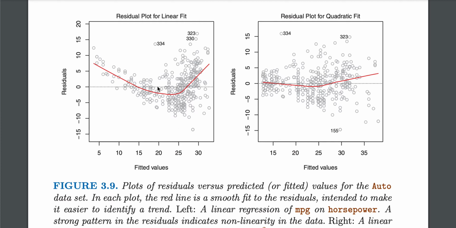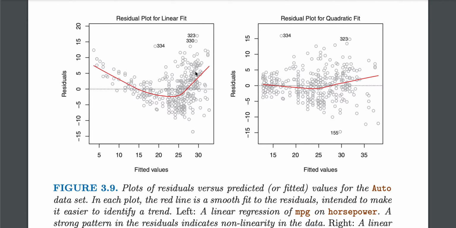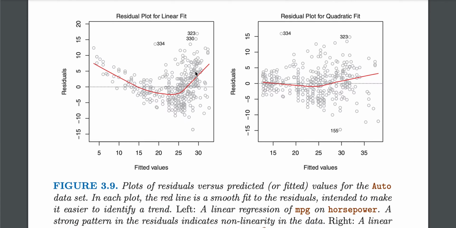If there is a discernible pattern, like this example, then it means that the f of x we are using might not be correct. There's something that has not been captured. And adding a non-linearity can help.